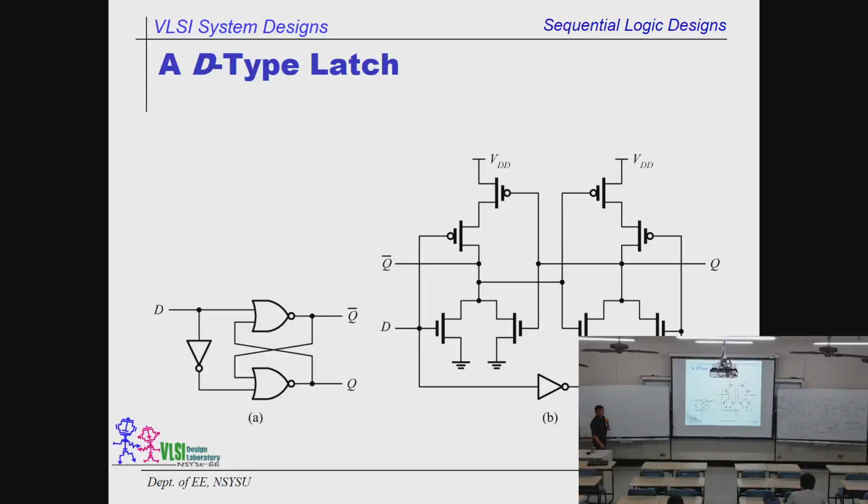Okay, so let's go see the circuit design so that you understand how to do the design here. This is one without the NAND gate, without the AND gate. Take a look, we have 2 NORs. Where are they? 1, 2, 3, 4. This is one NOR. 1, 2, 3, 4. Another NOR. So how many transistors do we need? 8 transistors.